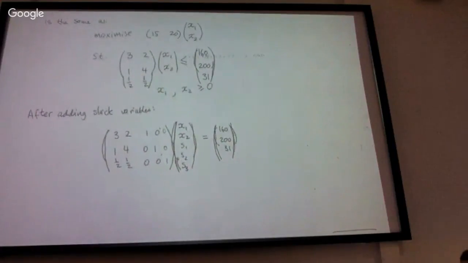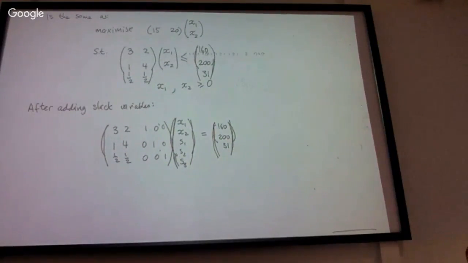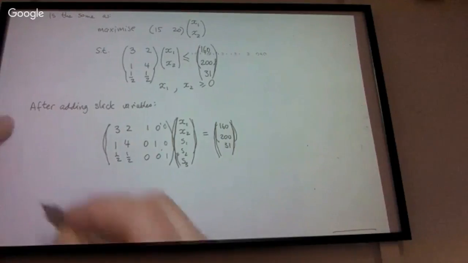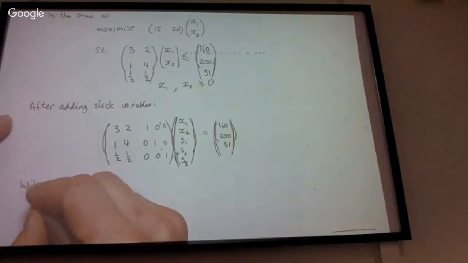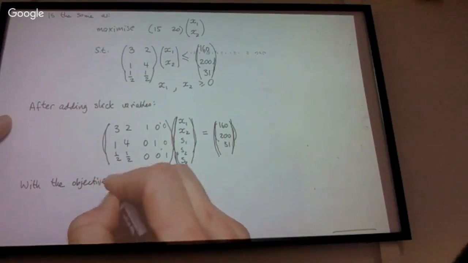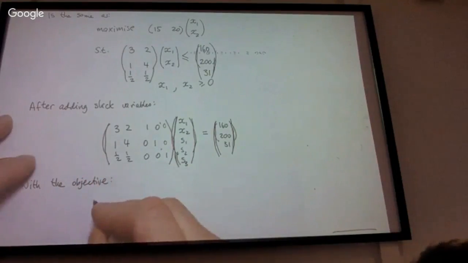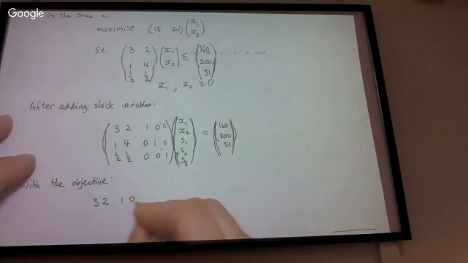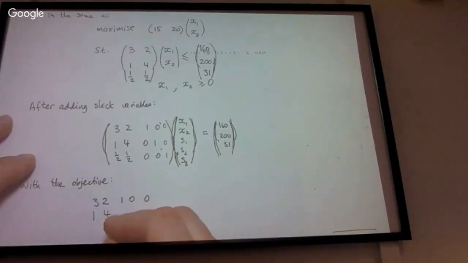Okay. In fact, with the objective, we would have 3, 2, 1, 0, 0. Now I hope I'm not going to mess it up again. 1, 4, 0, 1, 0. 1/2, 1/2, 0, 0, 1. Now, where do I put the Z?